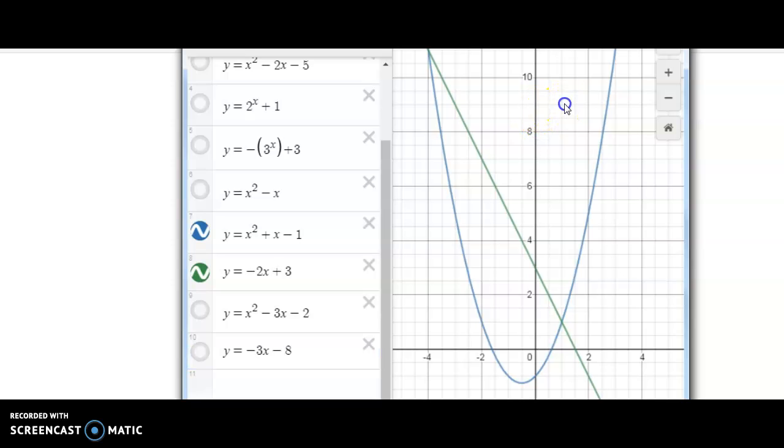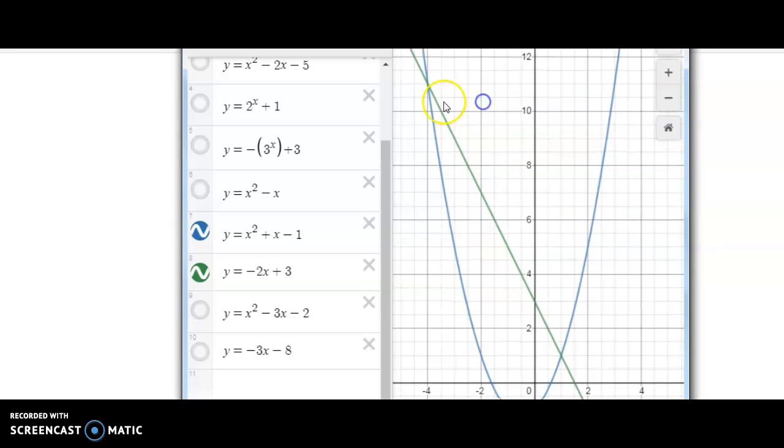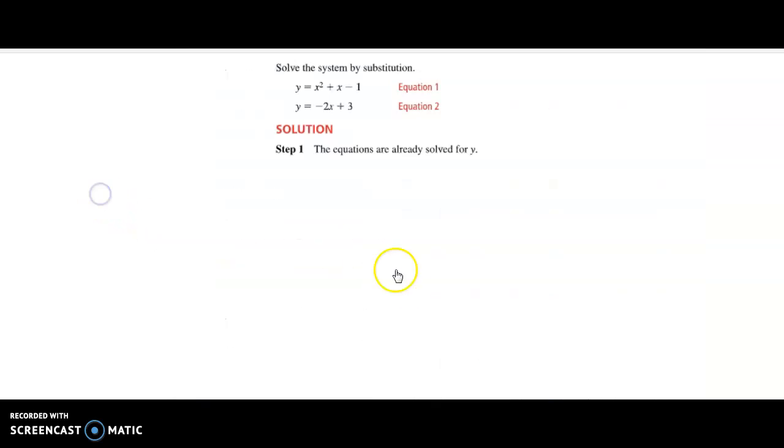And by looking at the graphs, we see that they have two possible solutions. Those solutions are x is -4 and y is 11, and the other intersection point is (1, 1). So how are we going to get those?